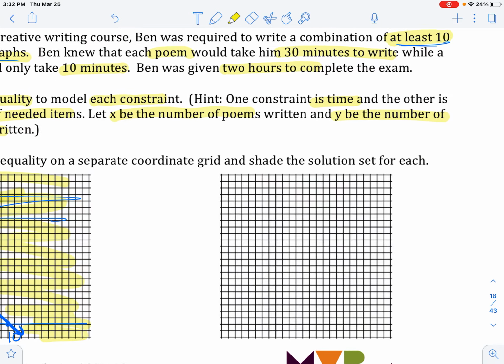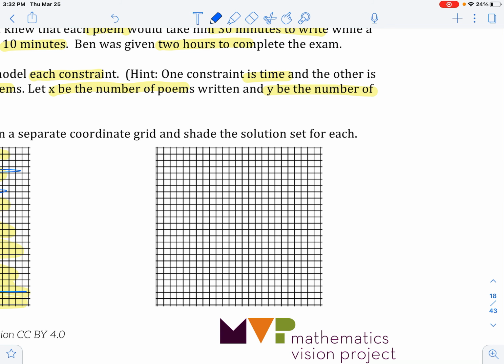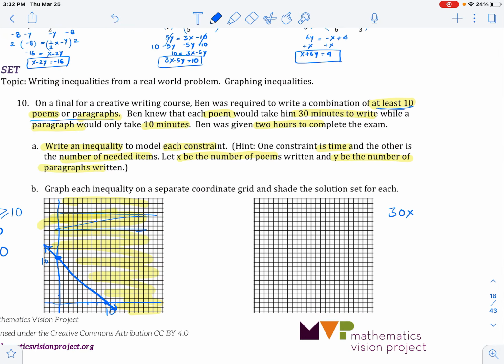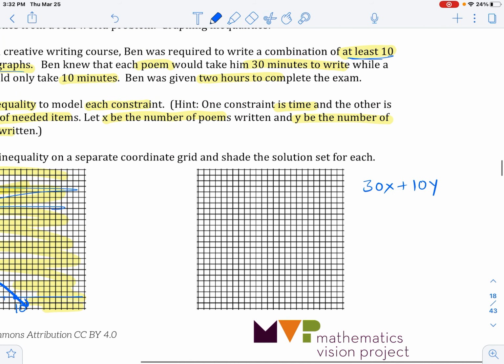So if I have to write a constraint, I could say 30x for the poem and 10y for the paragraph, and that it has to be total at least he could do that given 2 hours to complete. Okay, 2 hours to complete. So this time could be less than or equal to 120.